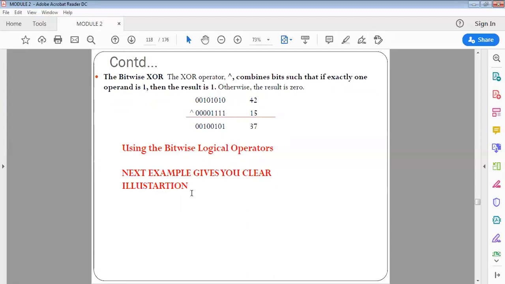Here you have 0 1, which gives 1. As you have 1 1, both are identical, so you take value 0. That means if both are identical, you write 0. If both are not identical, you write 1.